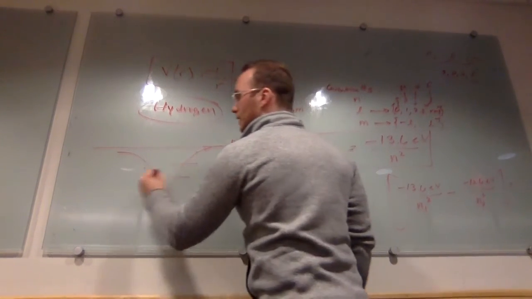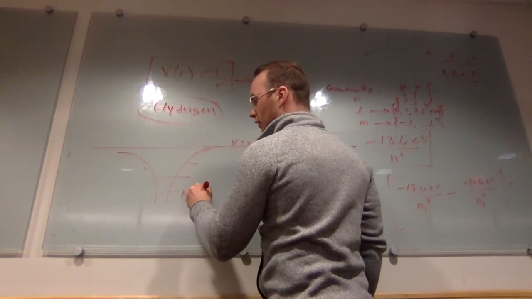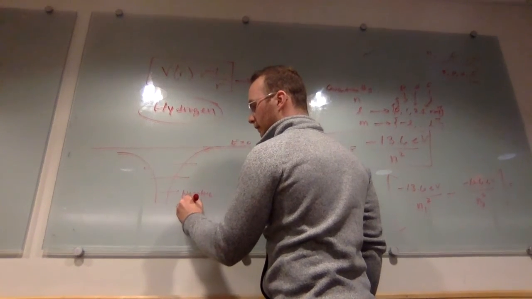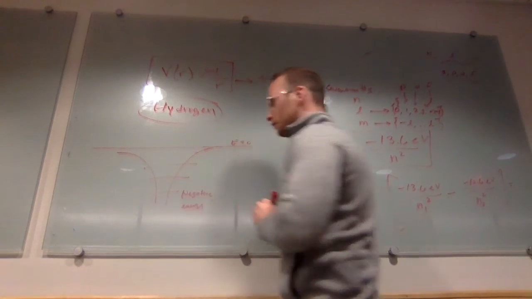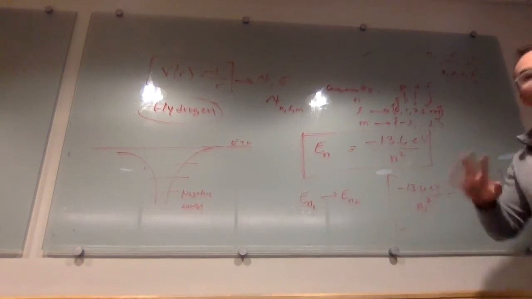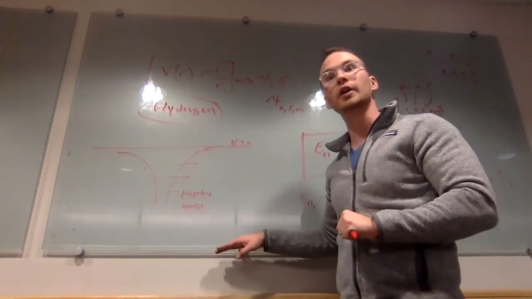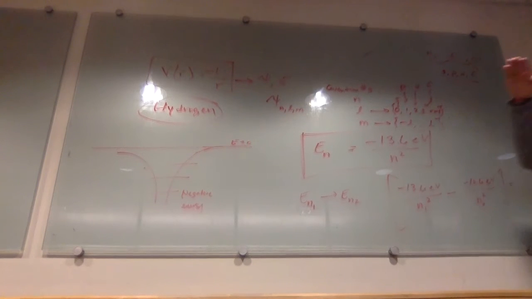So every state has a negative energy. That's the only thing. Just like with potential energy, the potential energy of a regular object is mgh. You can just set h equals 0 wherever you want. You could set it at the highest point of the roller coaster, and everything would just be negative, but it's fine.